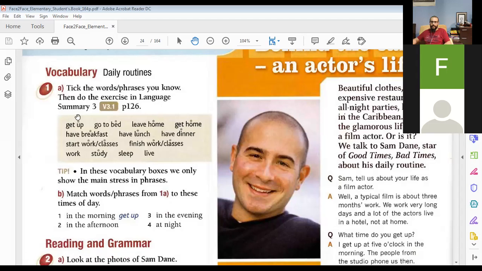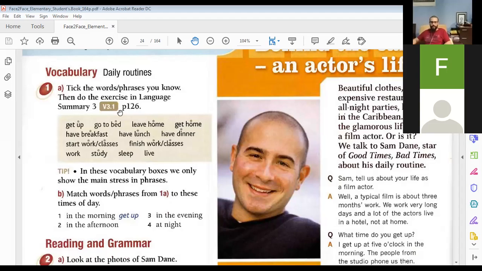We're talking about the activities and we want to decide which time we do these activities. So we have lunch in the afternoon. We finish work in the afternoon. We finish classes in the afternoon. I think that's correct. We sometimes get home in the afternoon, right? Yes. Okay, what about things we do in the evening?